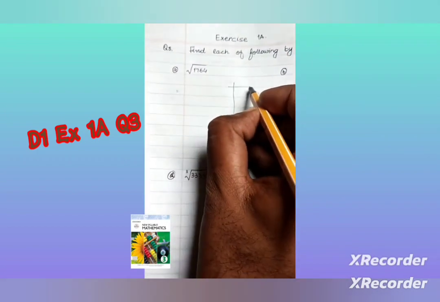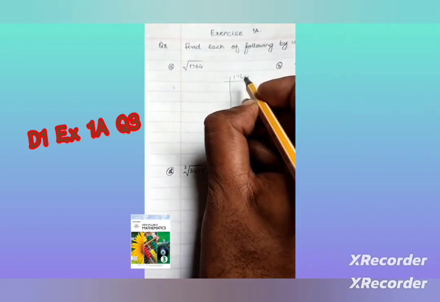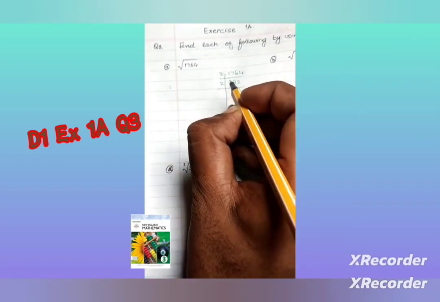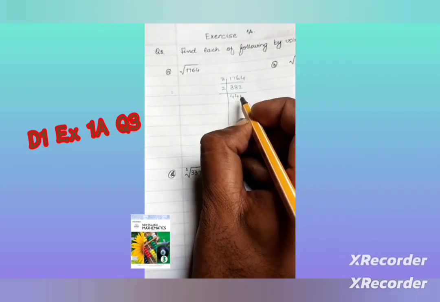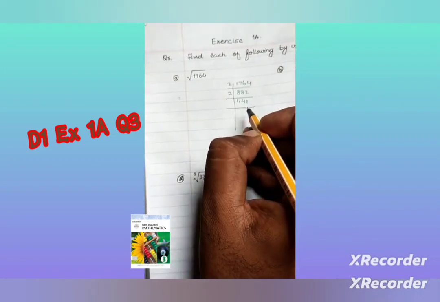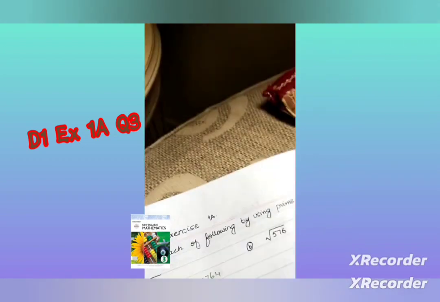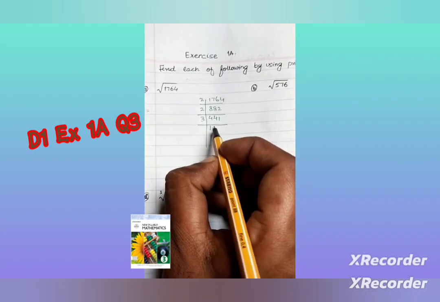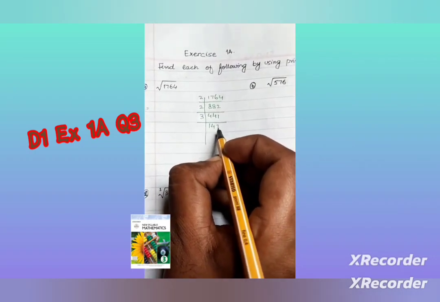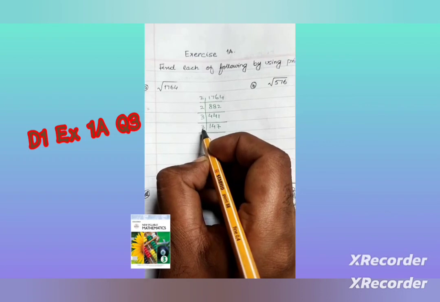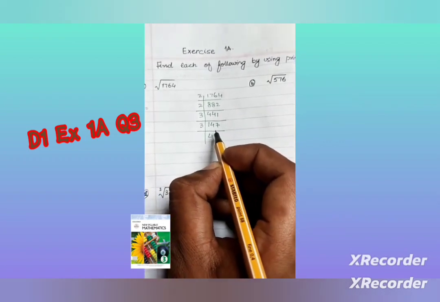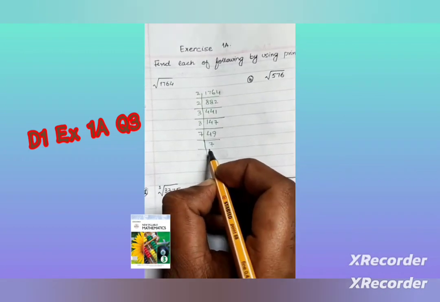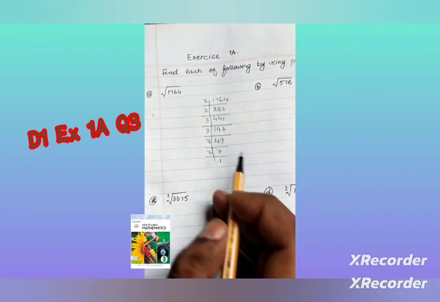We start with 1764. So we have solved this LCM.